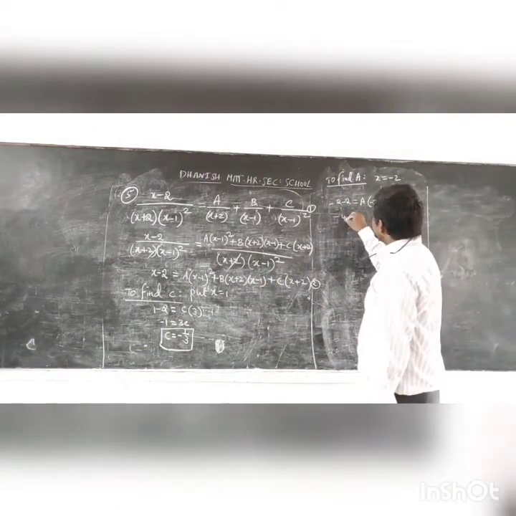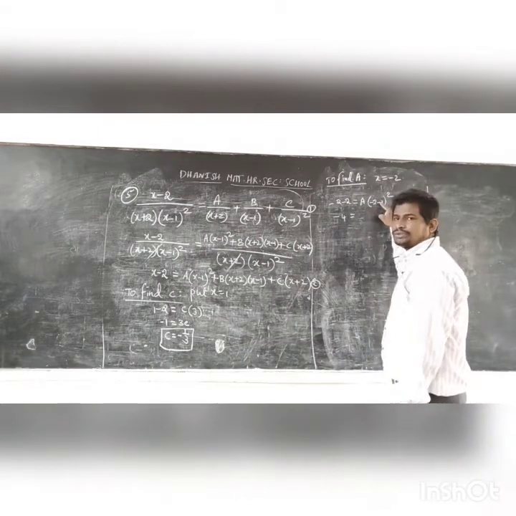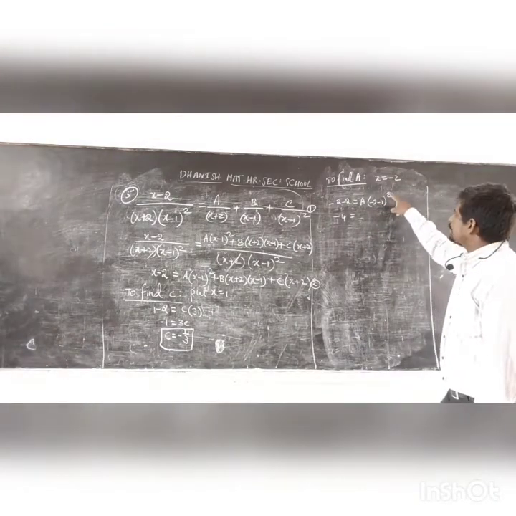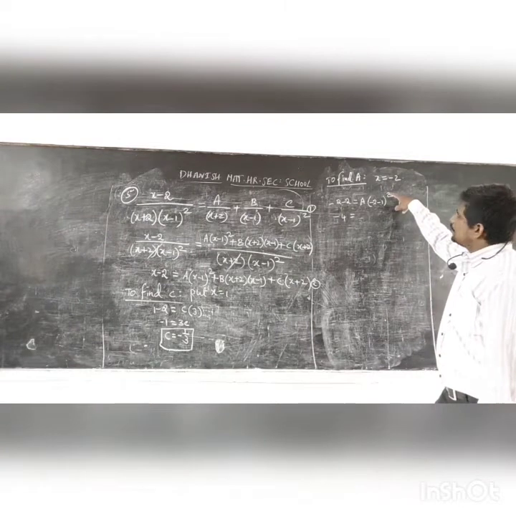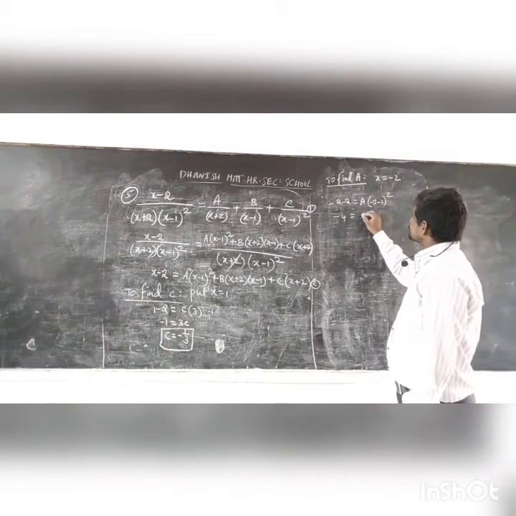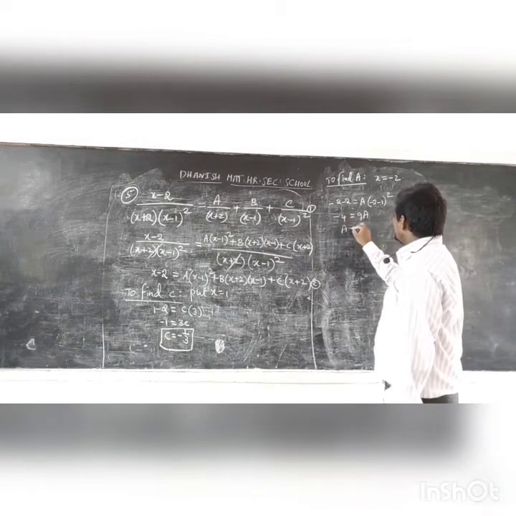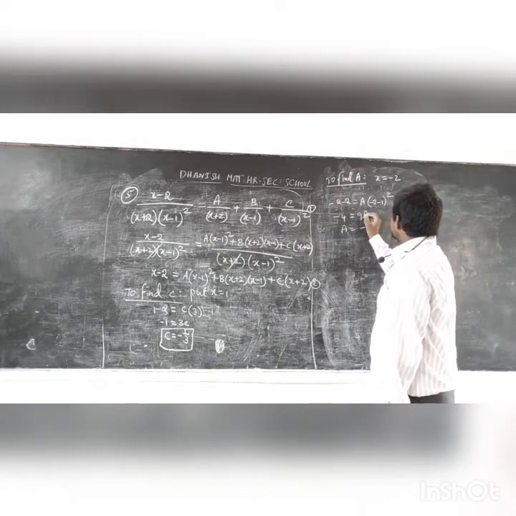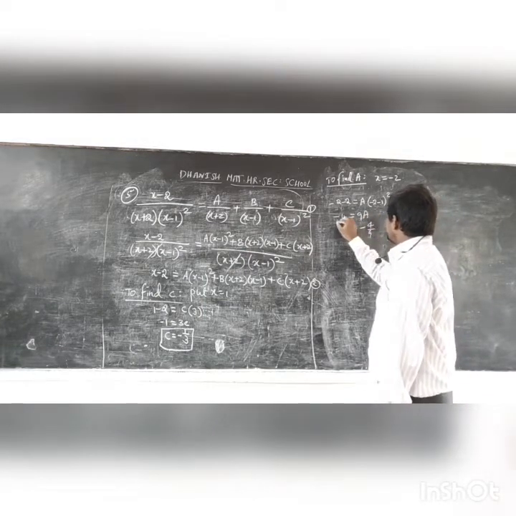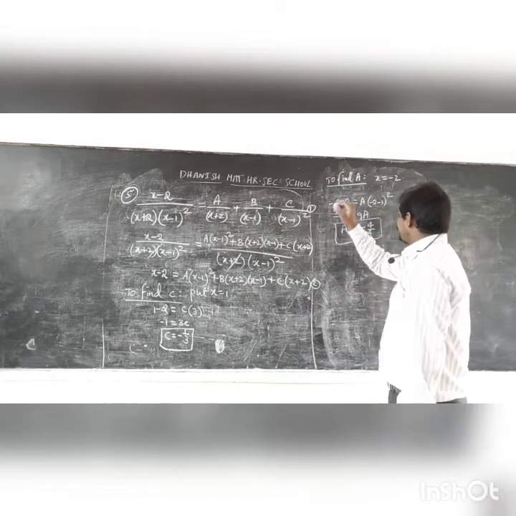Now minus 4 equal to a into minus 2 minus 1, minus 3 whole square, 9a. So a equal to minus 4 by 9. We got our a.